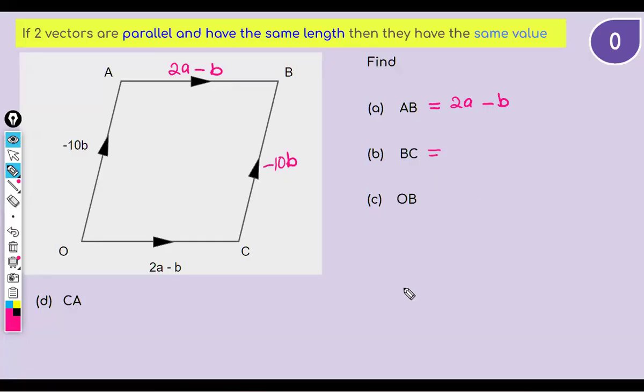But the examiner moved real sneaky. He didn't ask you for CB, he asked you for BC, the opposite way. But we ain't gonna fall for that trick. If we know the value of CB is minus 10B, then the opposite way, we change the sign. So it's positive 10B. Simple as that.